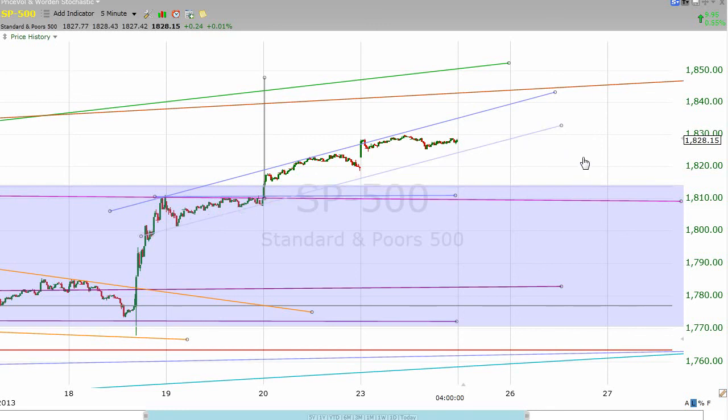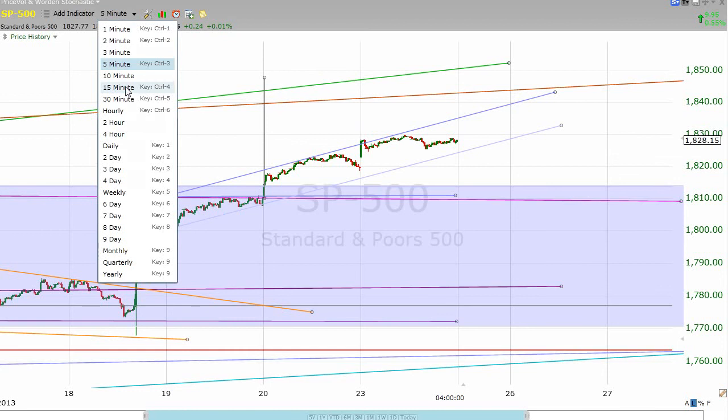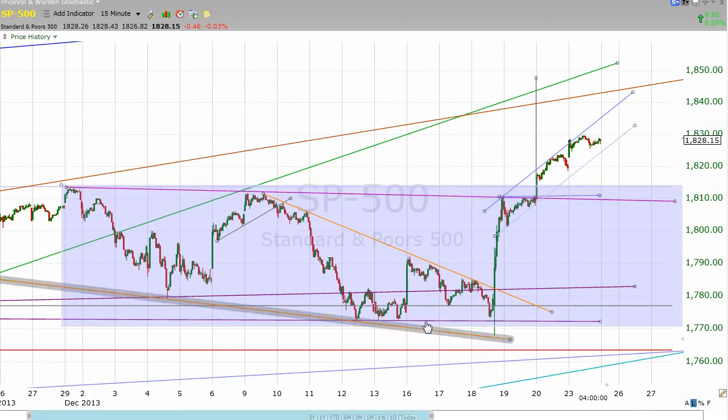Where we end the market today is at a new all-time high. Here's our brown line that I was talking about that has room underneath it for the S&P to reach that 1847 or so target, which is our measured target from our almost inverted head and shoulders pattern.